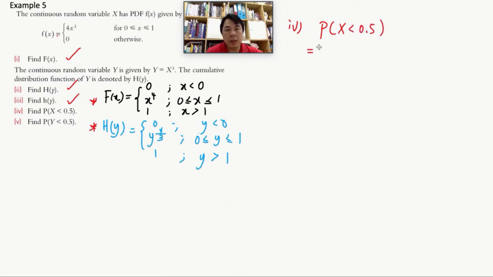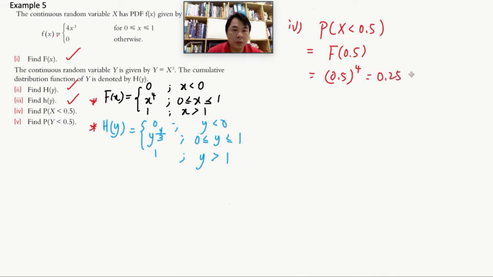We can make use of our distribution function here, that would be F of 0.5. Since x is within this domain, we can substitute into this piecewise function, which is 0.5 to the power of 4.